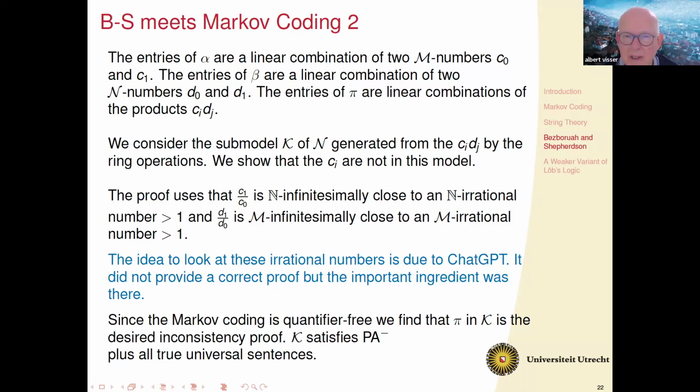For example, in this construction we do not need to take the real algebraic closure. We only need two algebraic numbers, and these are defined by a sequence of approximations.